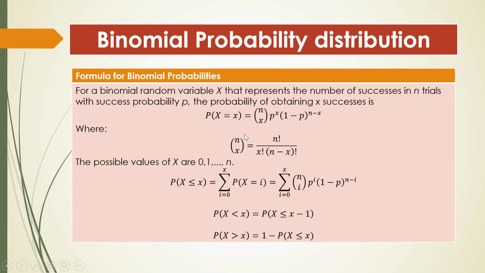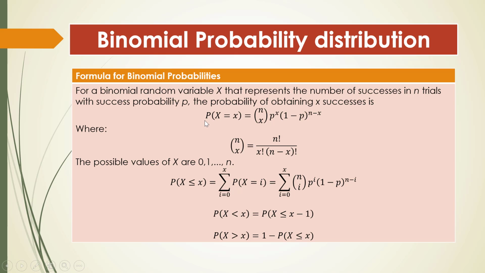Here n choose x is n factorial over x factorial times n minus x factorial, and x takes n plus 1 possible outcomes: 0, 1, 2, 3, up to n. By the way, binomial random variables are discrete random variables, so we take whole numbers as the values. We don't have continuous values.